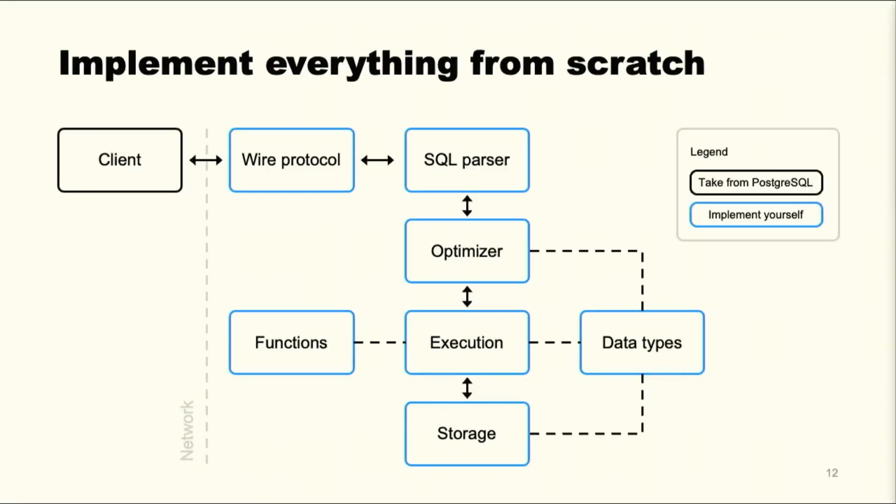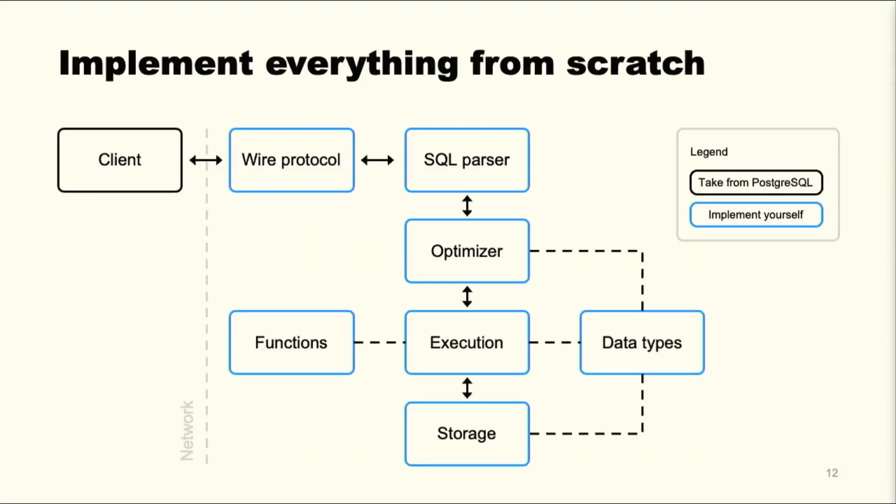Let's take a look at the first approach, which is called implement everything from scratch. Here we also introduce two colors of blocks. Black blocks mean that we'll take this component from the original implementation, in our case from PostgreSQL, and blue blocks mean that we won't take this component from anywhere and will build our own.